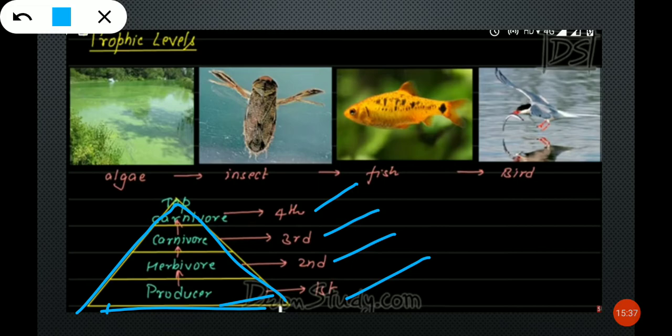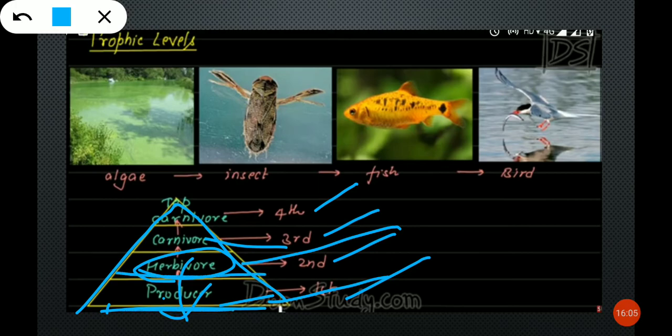In any food pyramid, producers will come under the first trophic level. Herbivores will come under the second trophic level, because herbivores always eat plants, means producers. Carnivores are the third trophic level. So these are all called trophic levels, divided level by level.